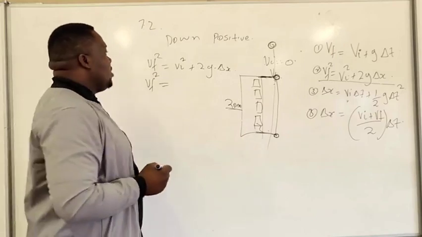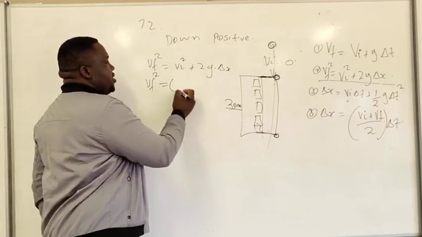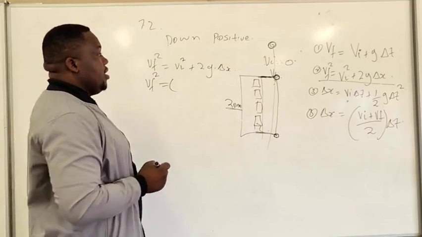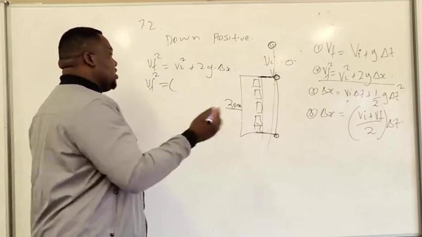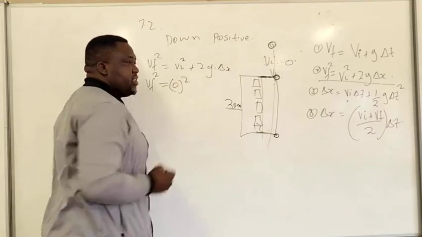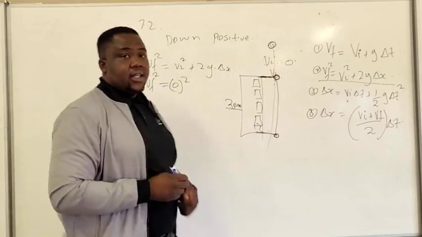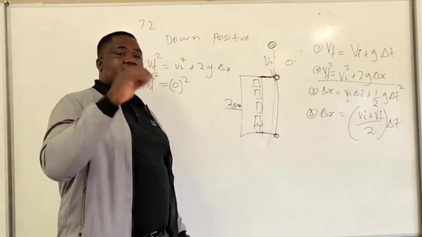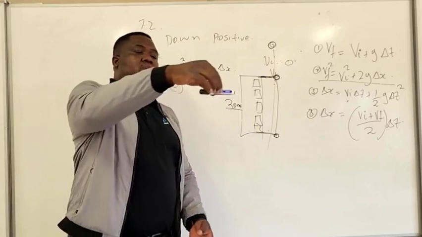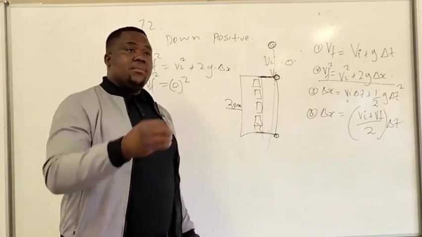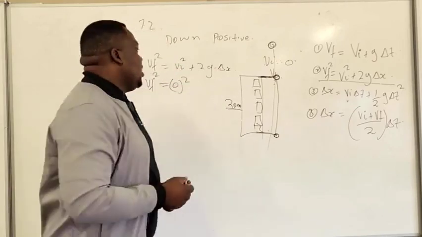Then we have the initial velocity. What is the value of the initial velocity? The initial velocity is 0. This is the velocity at the start. Why do we say 0? It's because they say the ball was dropped. To drop is to let go. So it means that the initial velocity is 0.